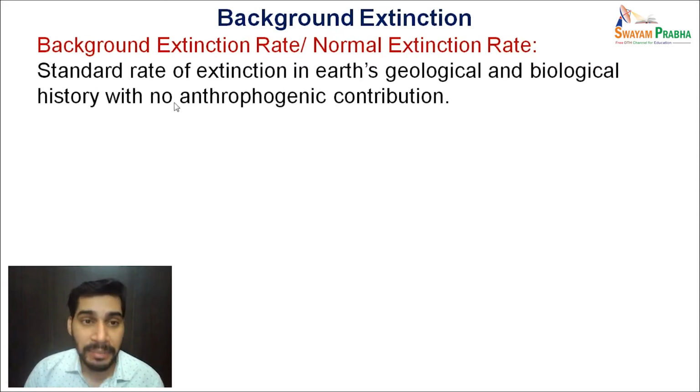It simply means the normal rate of extinction which is going on Earth in terms of geological and biological history. But there is no involvement of humans as such. That means humans are not responsible for that. This extinction you can consider just like between two mass extinction events. If an extinction takes place, it is called background extinction.